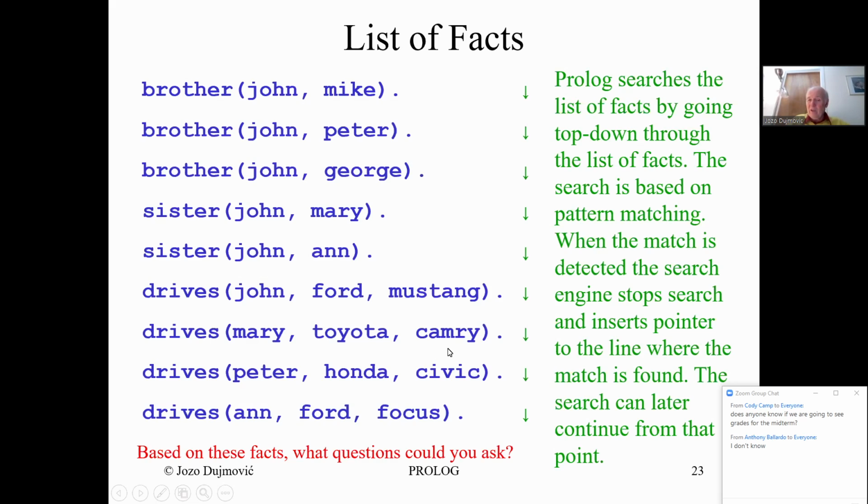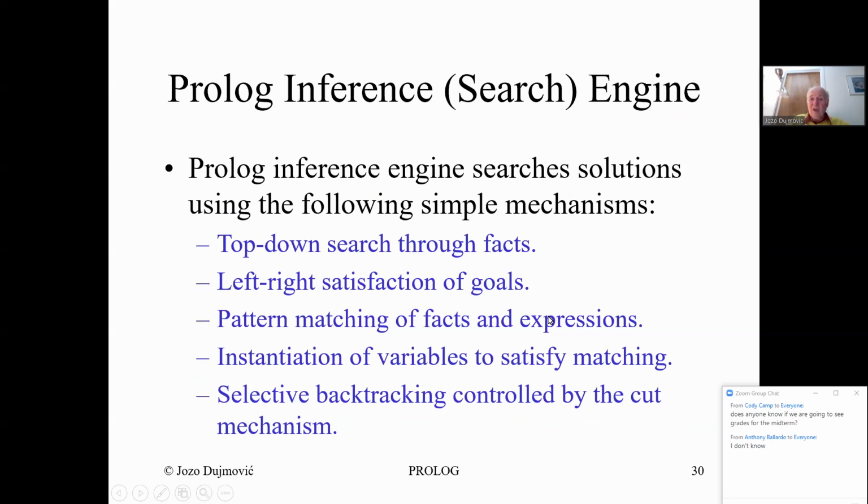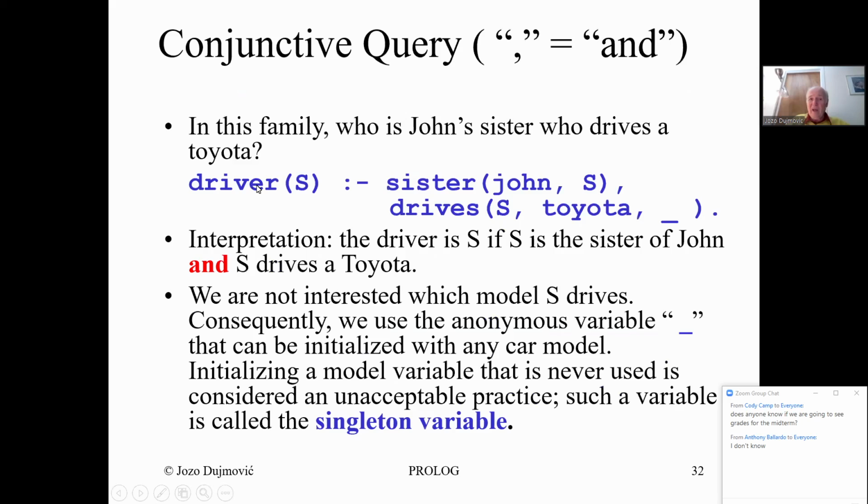Okay. So if I want to ask that question, I'm going to say that driver is S. If this S is sister of John, I'm going to satisfy the first goal that sister of John must be this S. So S is sister.